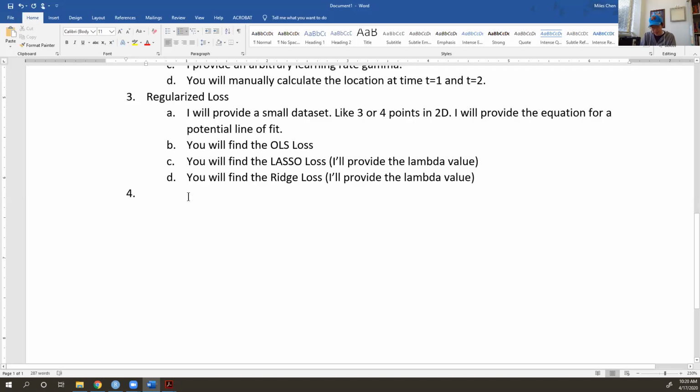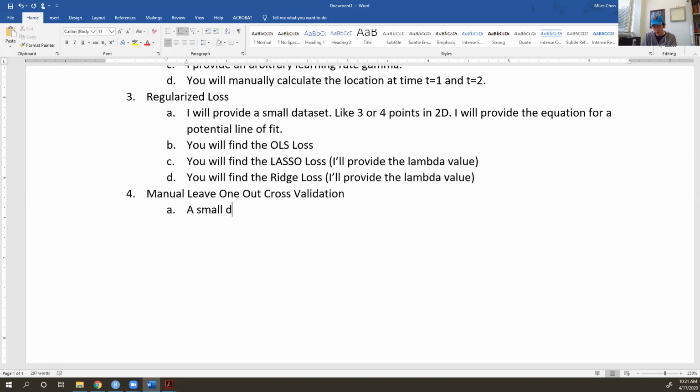Then you'll have a kind of manual leave one out cross-validation. I'll have a small data set, again 3 or 4 points in 2 dimensions, and I will provide the equations for two competing models.